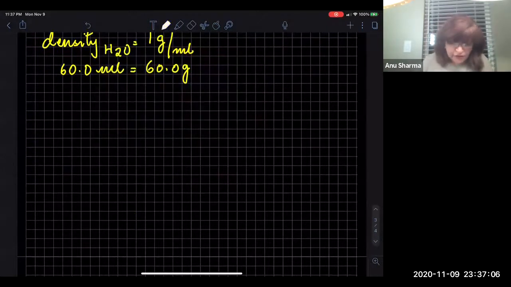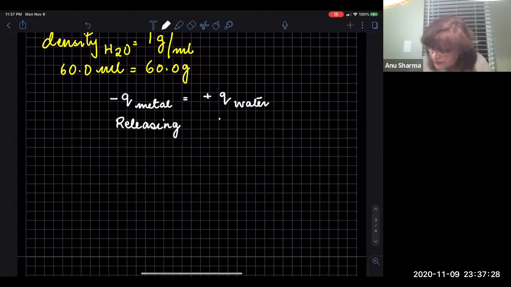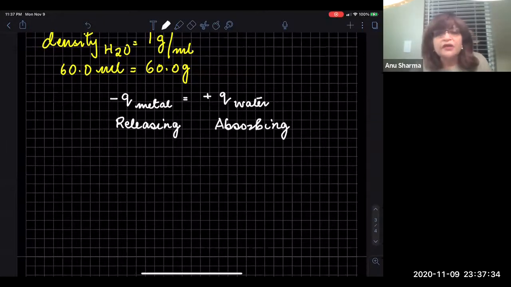Negative Q of the metal is equal to positive Q of water. In other words, the metal is releasing the heat, and the water is absorbing the heat. So always pay attention to that: releasing is going to be negative, and leave it that way.